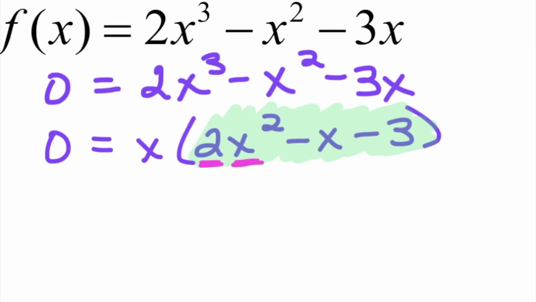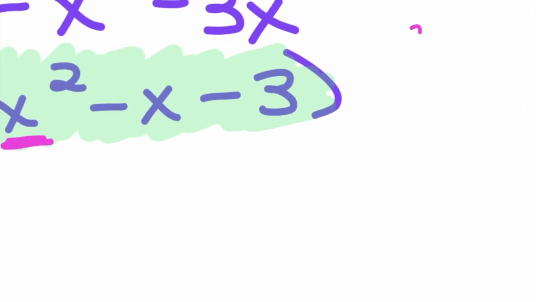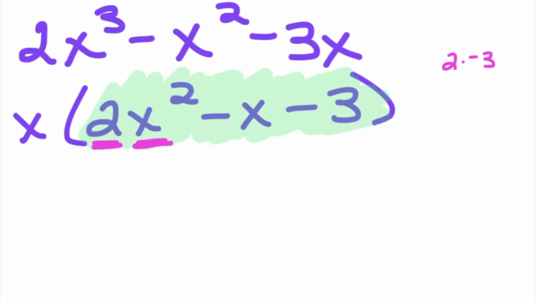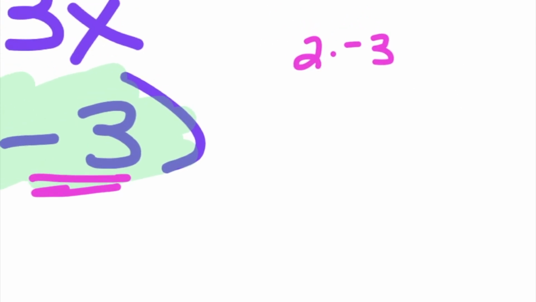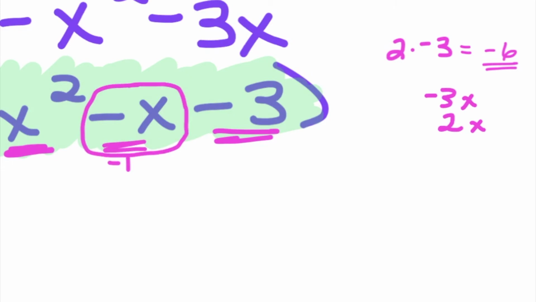What I'm going to do right now is grouping. Grouping says that I multiply the 2 times the negative 3. The 2 is the leading coefficient, and the minus 3 is the last. 2 times negative 3 is negative 6, and I want to look at negative 6 as a product and negative 1 as a sum. Two numbers that add to negative 1 and multiply to negative 6 are negative 3 and positive 2. I'm going to put x's with those, and then replace this middle term with minus 3x plus 2x.